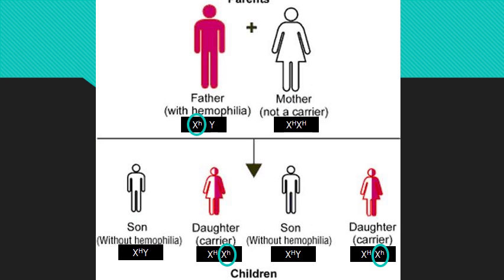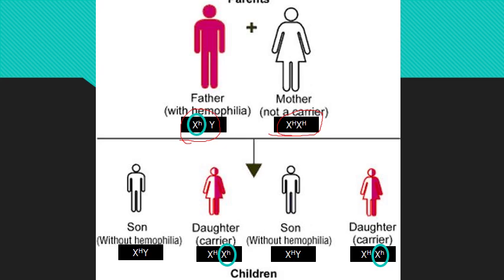So using the example of haemophilia from the other day, we've seen that the father here has haemophilia, so therefore he's recessive, and the female in this example is not a carrier, so she is homozygous dominant for that trait.